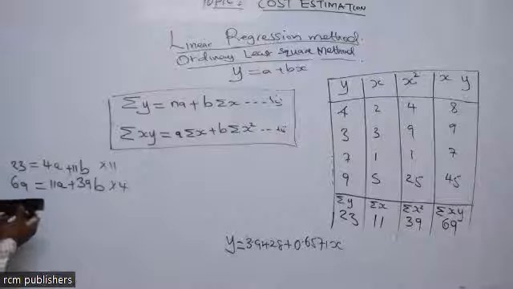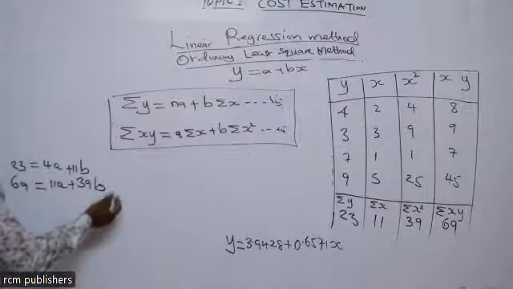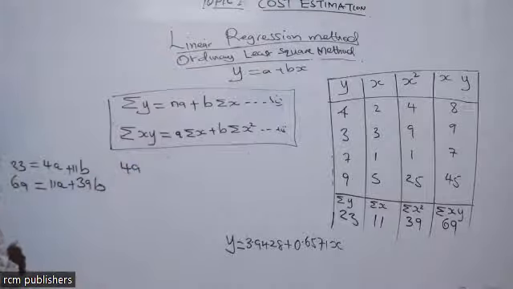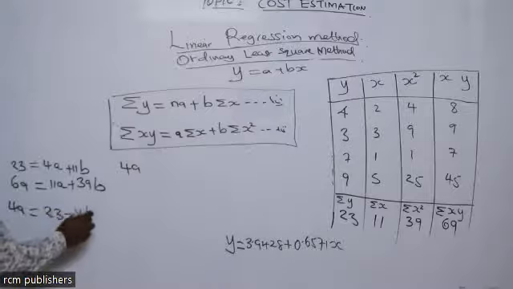That is option A. Option B, I simply come here and say, okay, make 4A the subject of the formula. So my 4A is equal to 23 minus 11B.